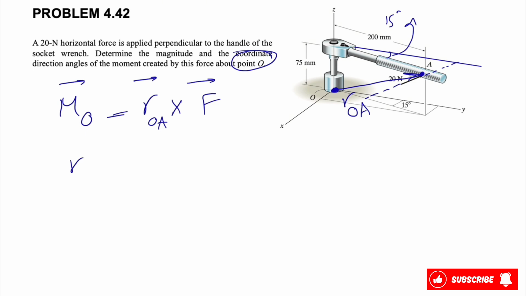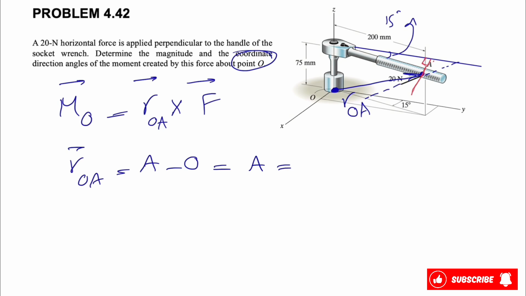For that, since O is at the origin, its XYZ components are 0, 0, 0. All we need to do is find the coordinates of A minus O, so all we need is the coordinates of point A. I'm going to draw this perpendicular line in here.